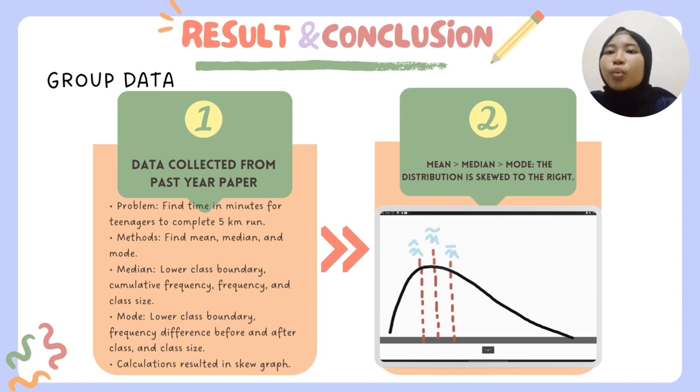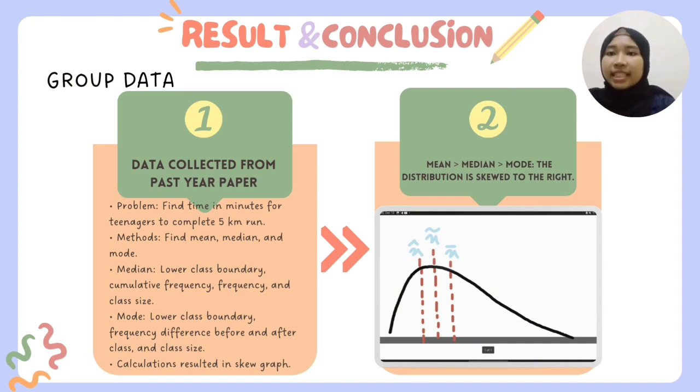For the median, we have to find the lower class boundary of the median class, cumulative frequency, frequency of the median class, and size of class. As for the mode, we have to find the lower class boundary of the mode class, the difference between the frequency before the mode class and after the mode class, and lastly, the size of class. So those are the differences between the ungrouped data and grouped data.